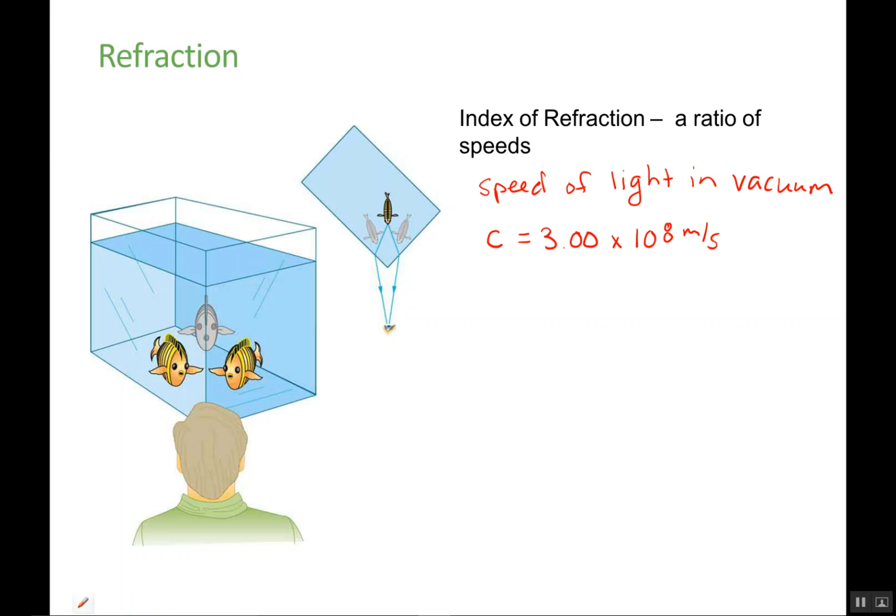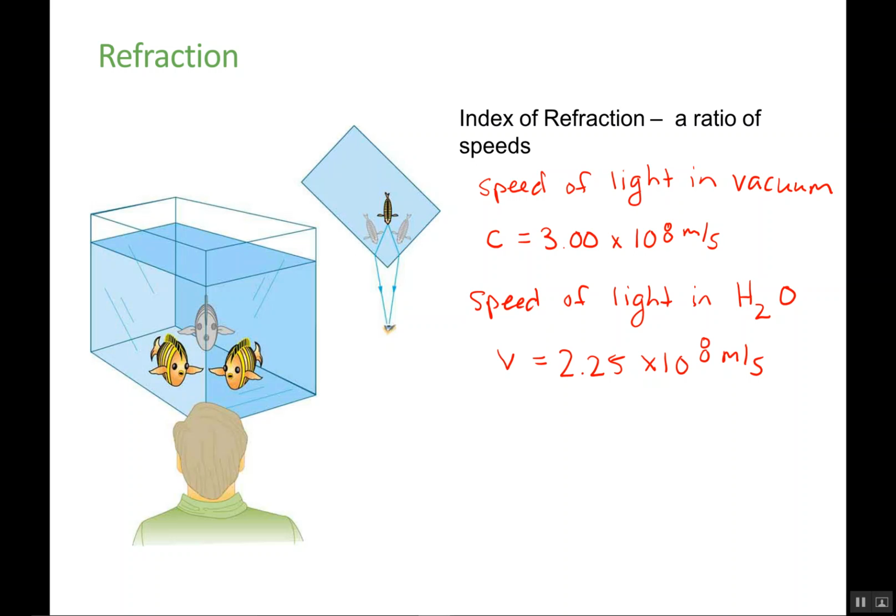The speed of light in a vacuum, like the vacuum of space, is 3 times 10 to the 8th meters per second. That's 300 million meters per second. The speed of light in air is about the same. Air does not change the speed of light very much. However, the speed of light in water, as it's propagating through water, is somewhat less.